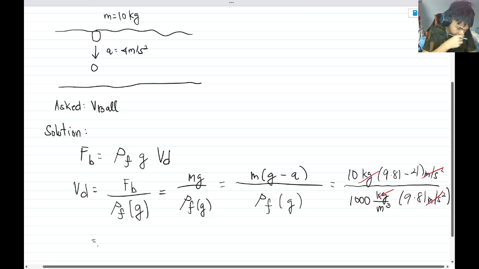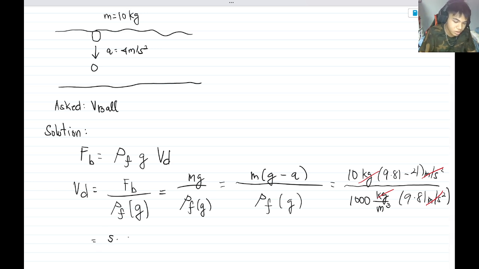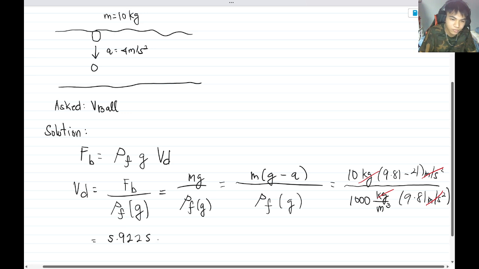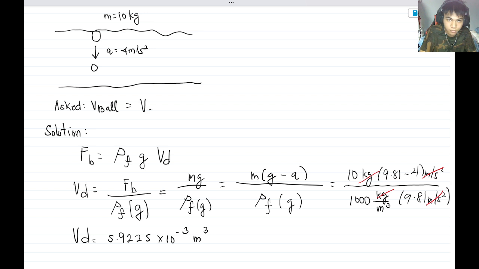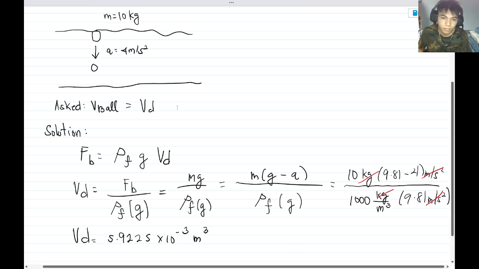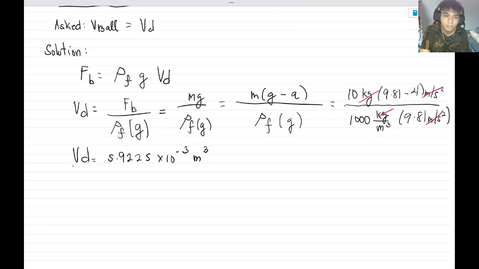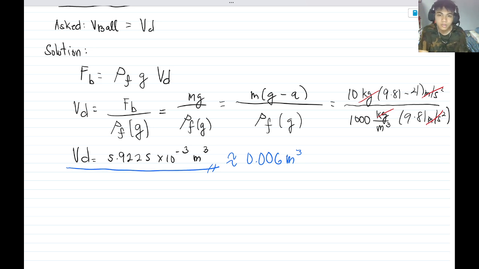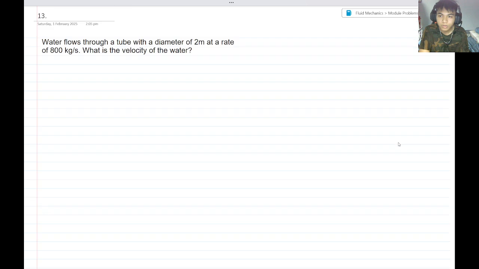Okay? So, we will have 5.9225 times 10 raised to negative 3 cubic meter. Ito yung volume displaced. And yeah, the volume displaced is equal to the volume of the ball. And if ayaw mo ng scientific notation, this is just approximately 0.006 cubic meter. Okay? Let's move on to the last problem.